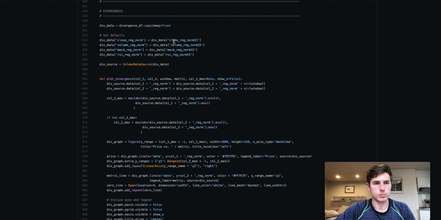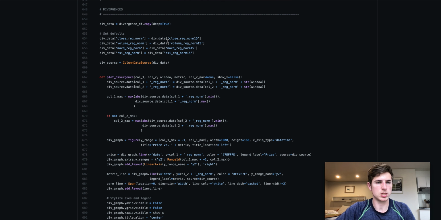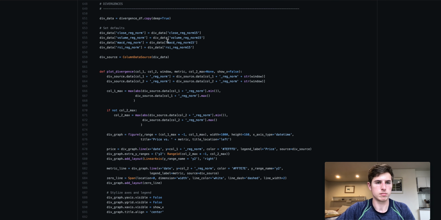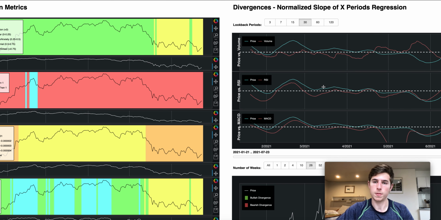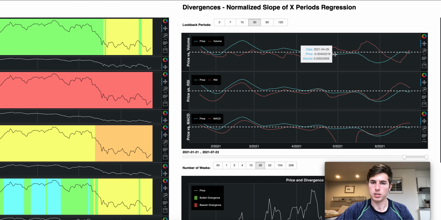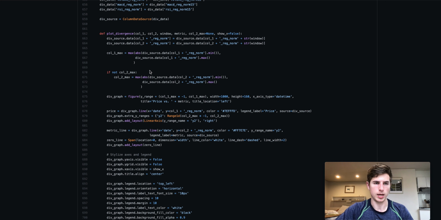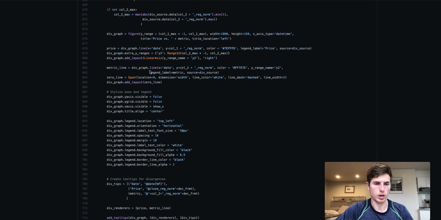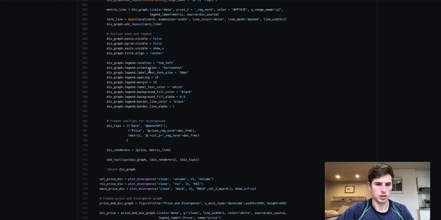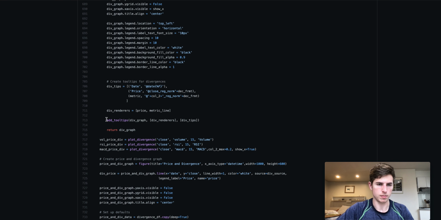What else is tricky? Divergences, this is ultimately just kind of a couple of lines on a graph, but there are also some things happening with hovering. So tooltips is another thing that was a little tricky to figure out, but you'll see a lot of that happening throughout here. And let's see if we can find where that tooltip information is happening right here.